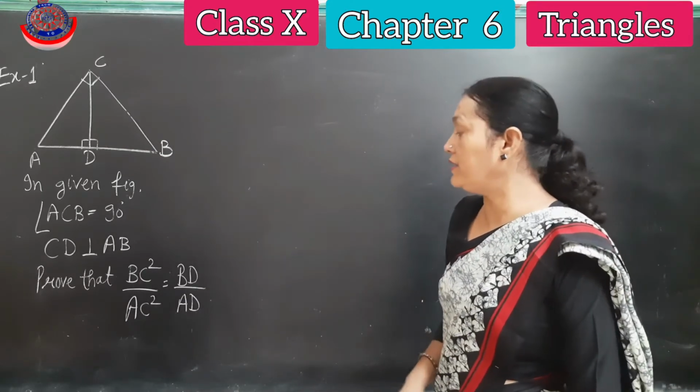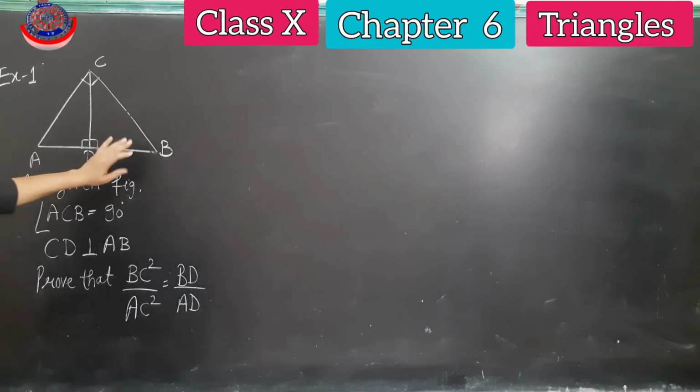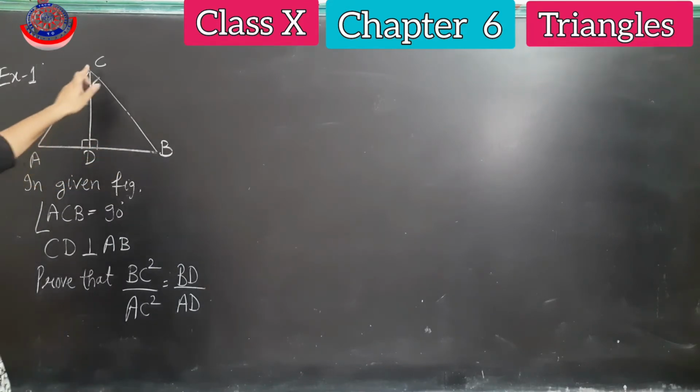So to begin with, let us start with the similarity of triangle ACB and ADC.